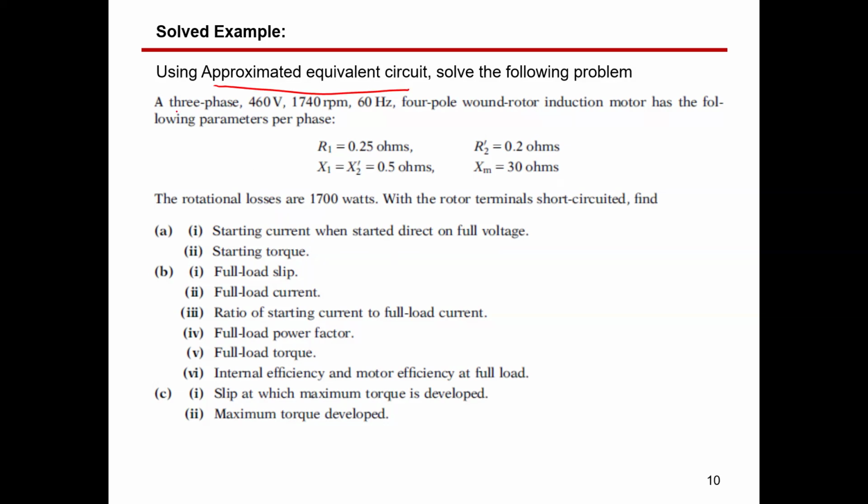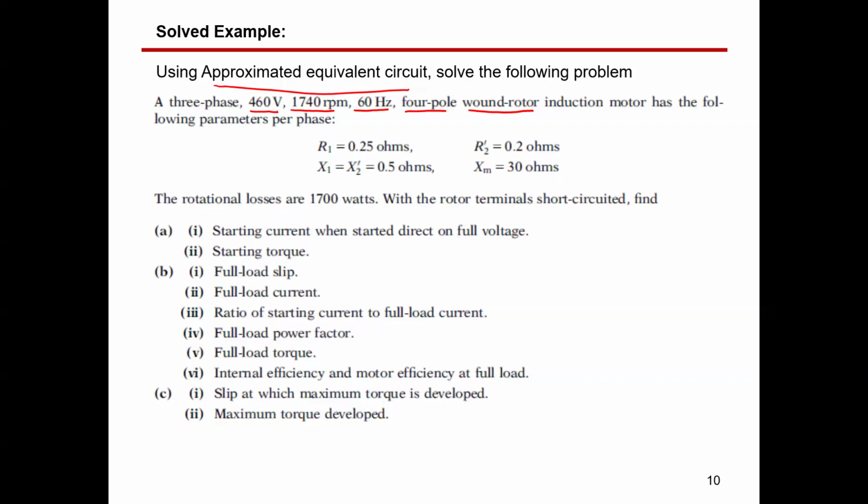We have here a three-phase 460 volt, 1740 RPM, 60 hertz, 4 poles, wound rotor induction motor. So again, guys, for any question, you need to understand the words between the lines.